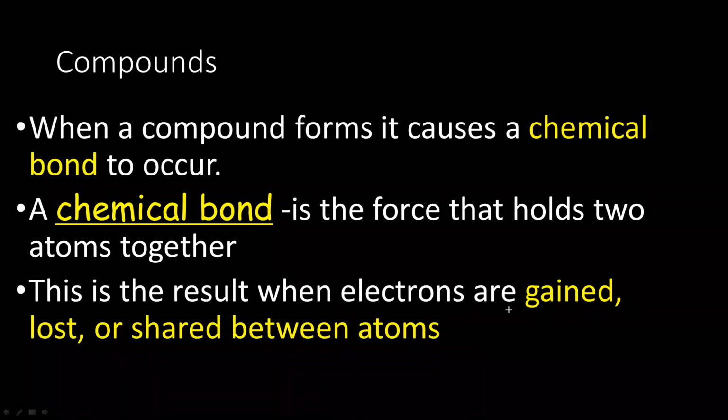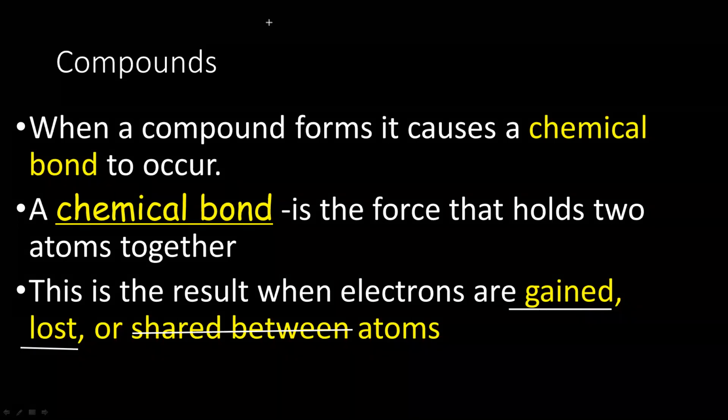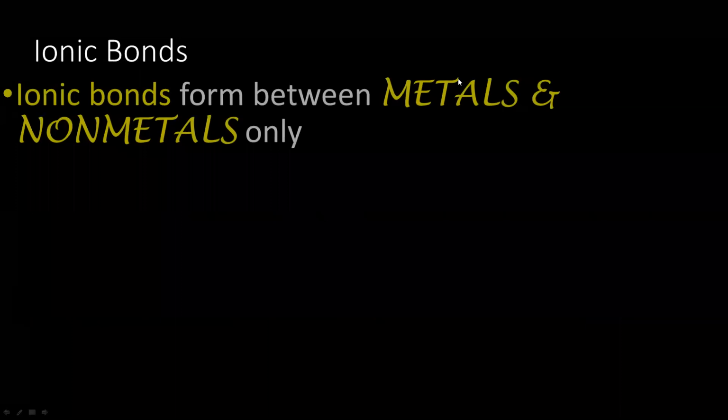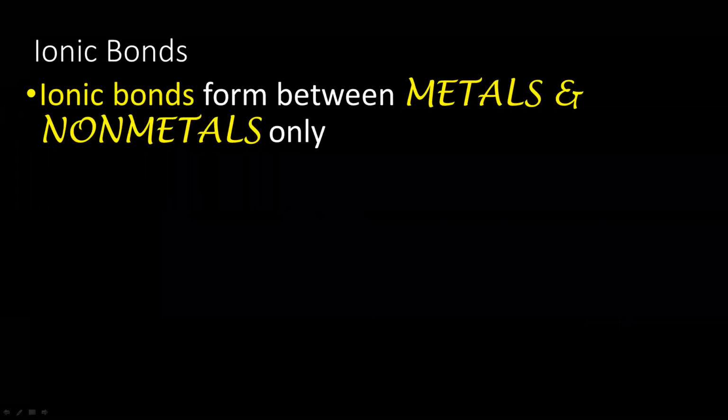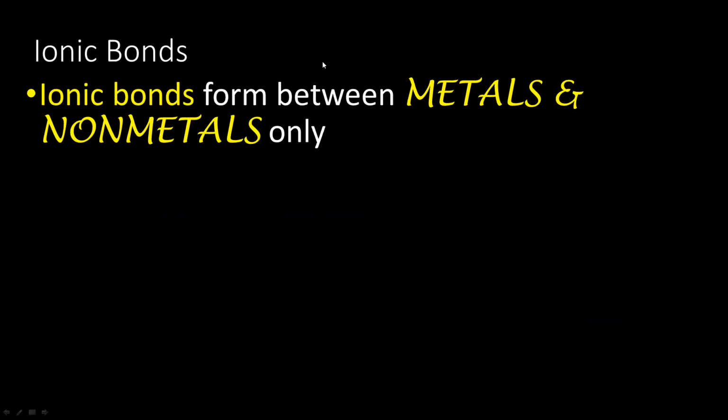We aren't sharing any in this case. Sharing is for the covalent compounds that we have. So we're not doing shared today. Our ionic bonds will always form between a metal and a non-metal.